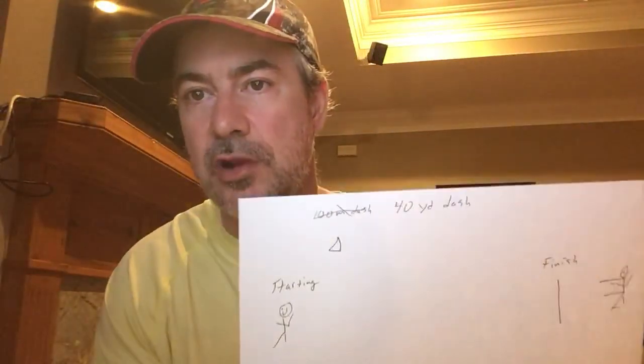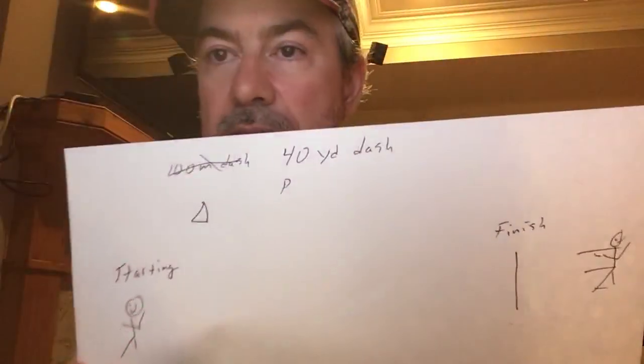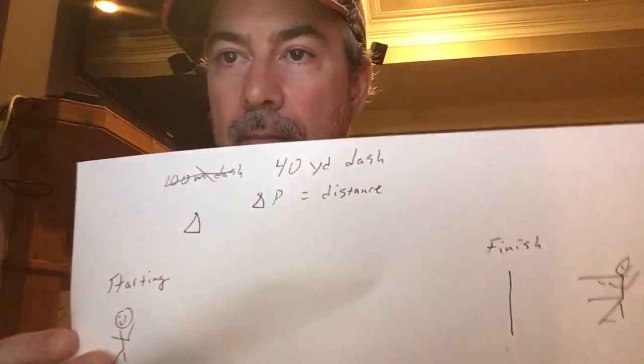Now in physics or biomechanics, we denote change with a delta, with a little triangle. Okay? So if we have P, little p is position, delta P is change in position, and that's another way of saying distance or displacement.